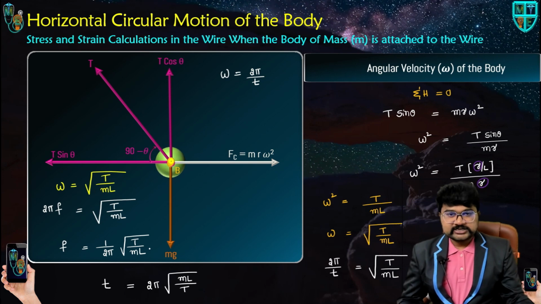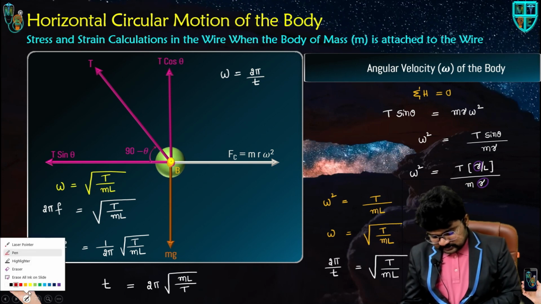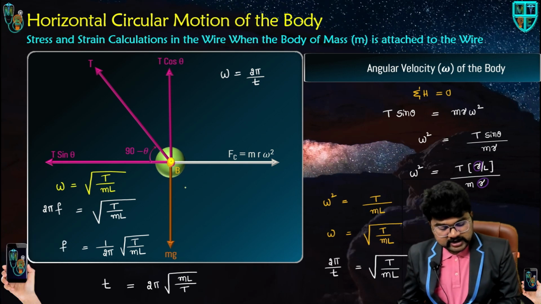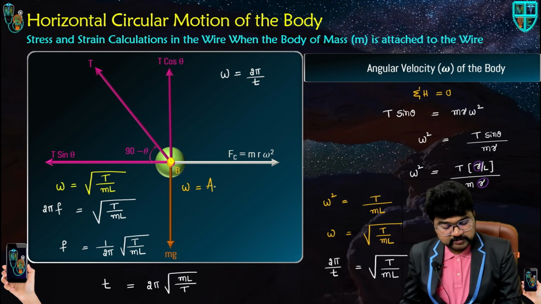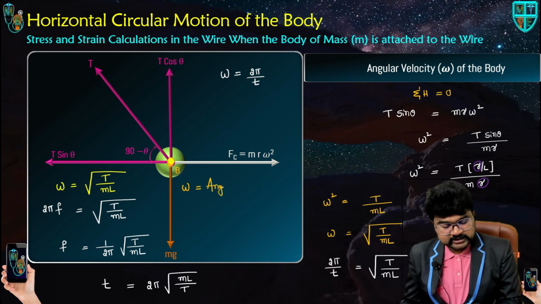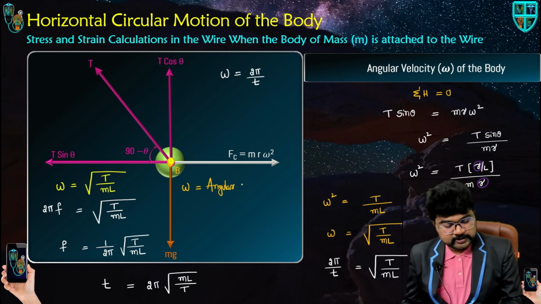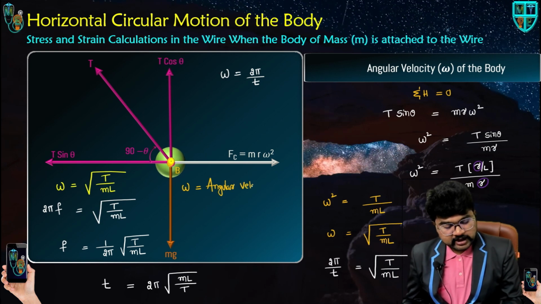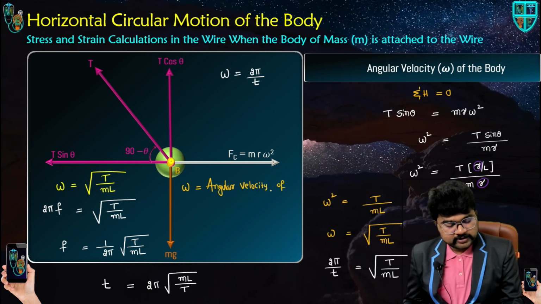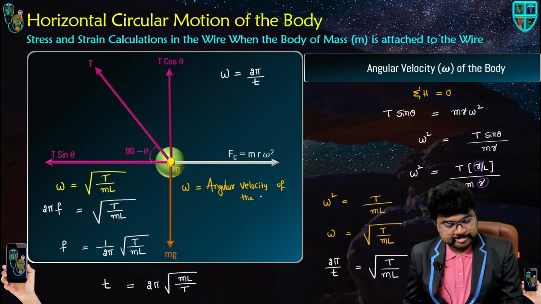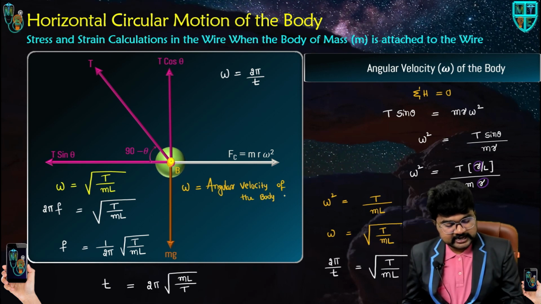So here, what is omega? You can write one by one. Omega equals to angular velocity of the body, in radians per second.